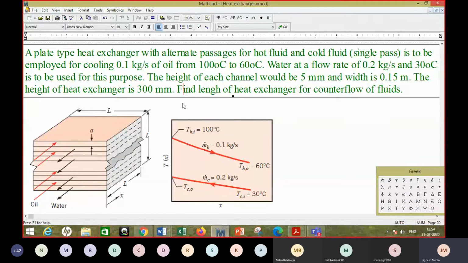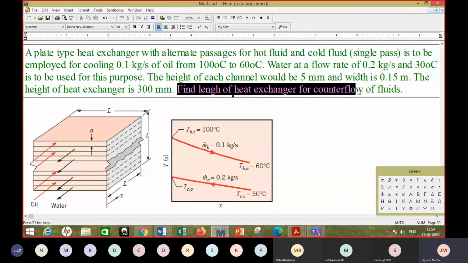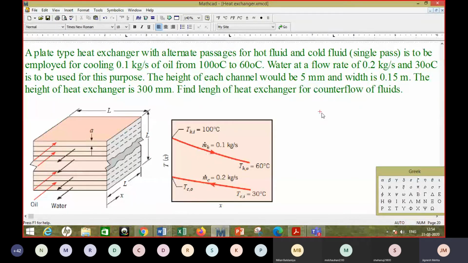So in that case, what will be the length or depth of the heat exchanger if the counter flow configuration is used? We will solve this example in the coming classes. What you will need here is the table for the oil, which I think I have already provided you. That is taken from the appendix of the book by Incropera and DeWitt.